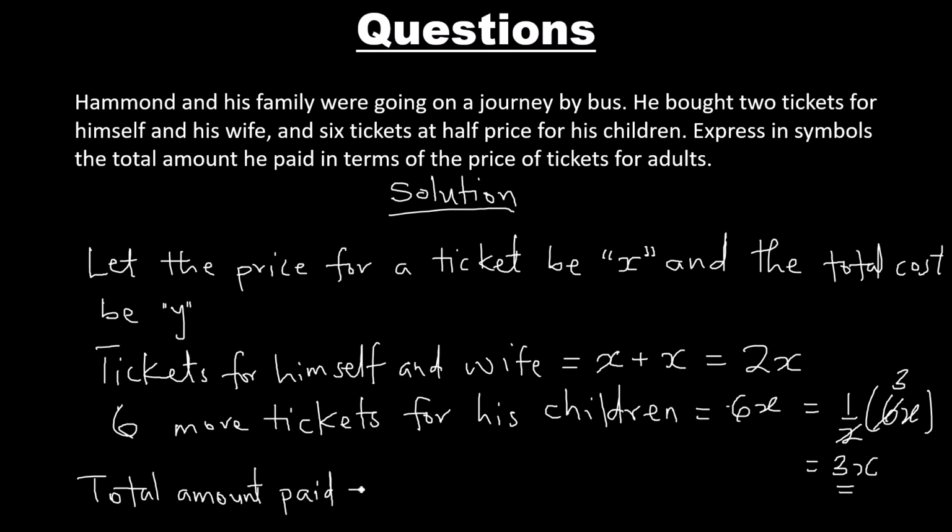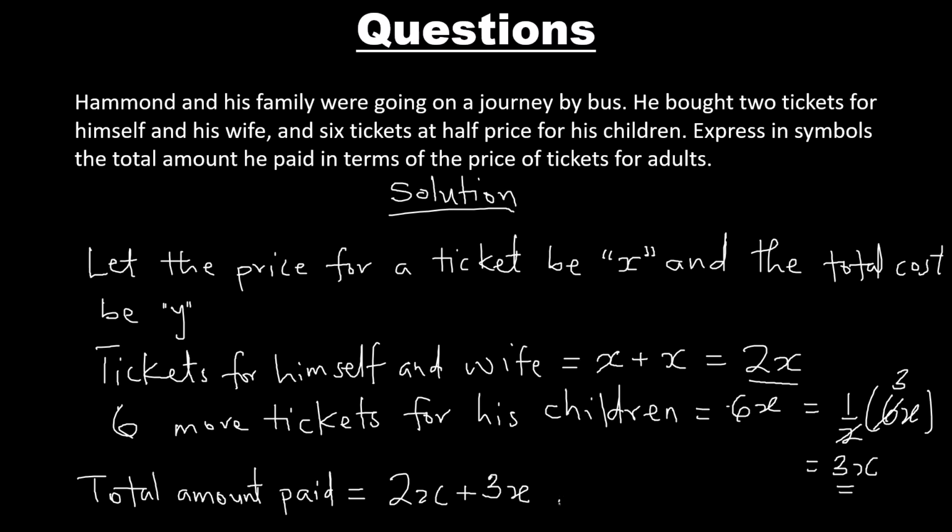Total amount paid will be equal to what he paid for himself and his wife, which is 2x, plus what he paid for his children, that is 3x. But look at this, total amount he paid is represented as y.